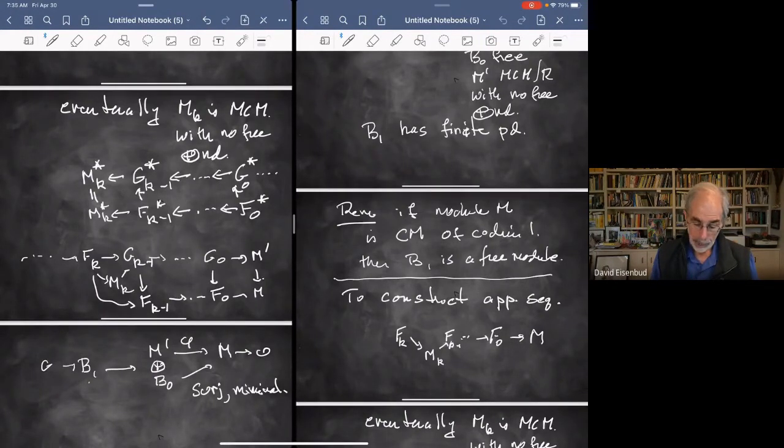And eventually the mapping cone is going to be the mapping cone of the identity map, which is a trivial complex. So that's why B1 has finite projective dimension.